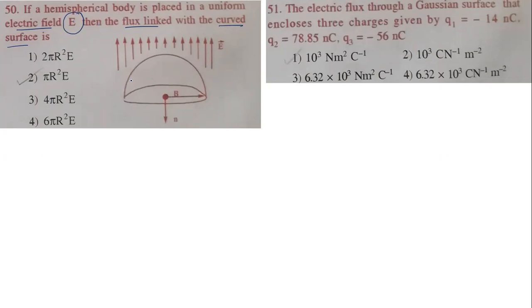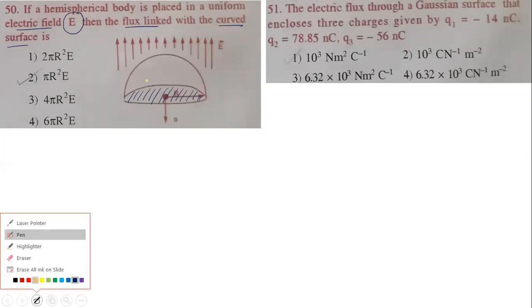In the diagram, is there any charge inside here? No charge. So let us take this as the curved surface and the plane surface. Let me shade this area with this color, that is the plane surface. And what I am going to shade now with yellow color, that is the curved surface.